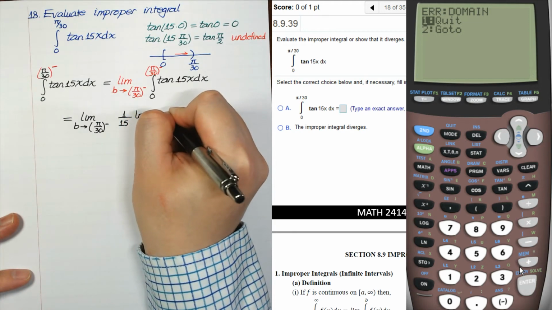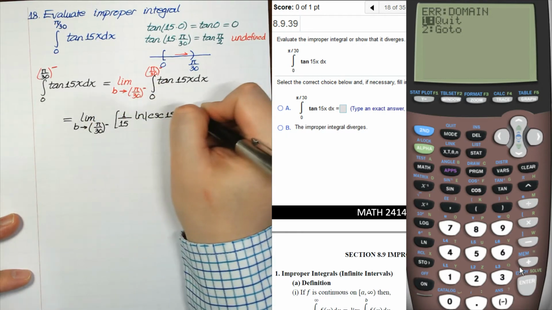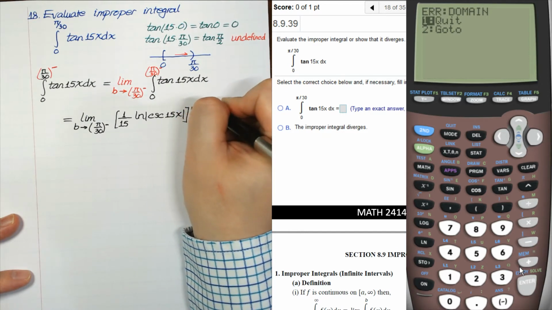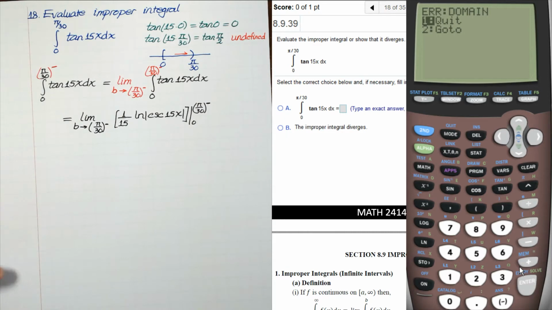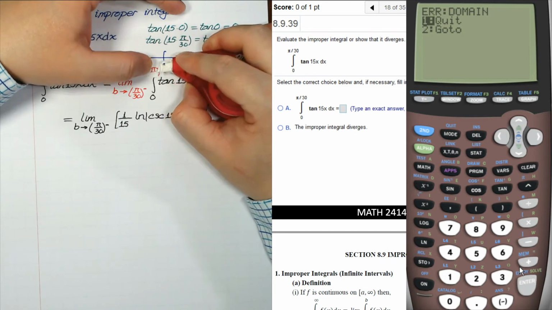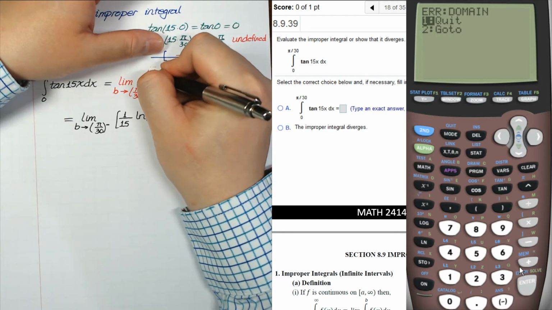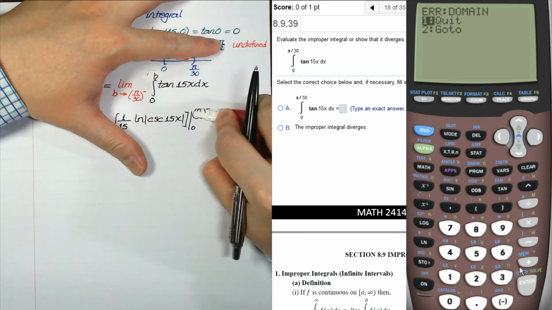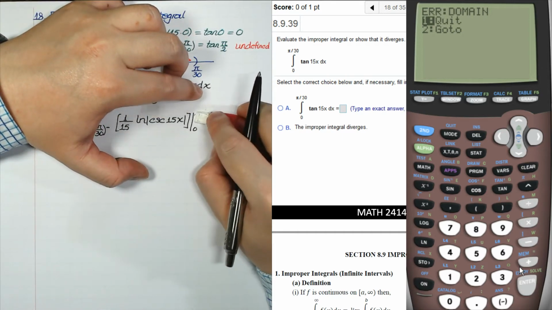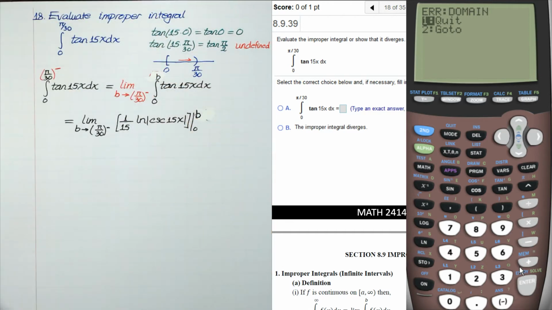ln of cosecant of 15x. There's a point we replace this by b, right? So why don't we use b here? Right.